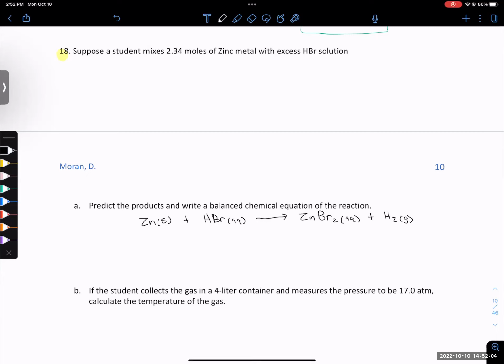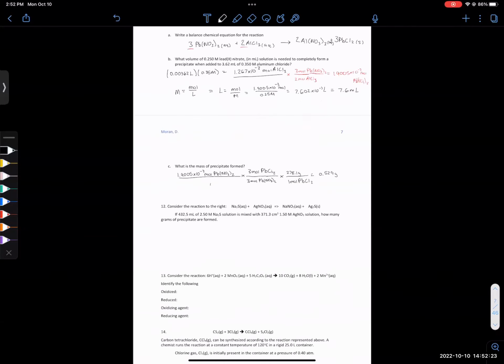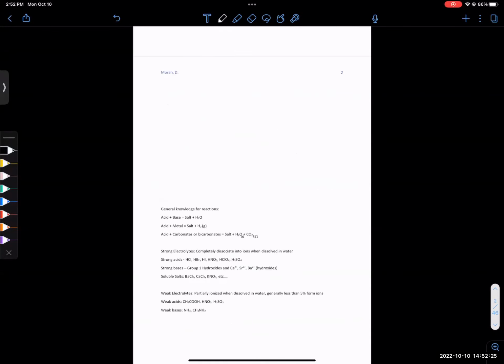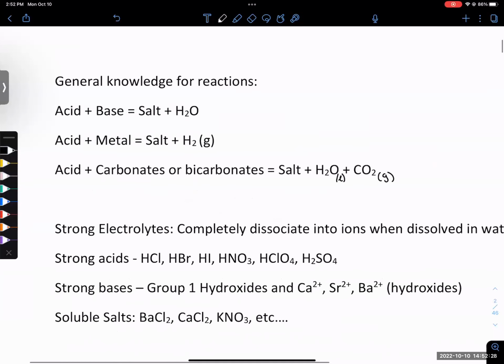That's the key thing. You need to know that when an active metal reacts with a strong acid, you're gonna form a salt and then hydrogen gas, right? That's the key thing about this. And again, that's information that's all up here for y'all. These are things that y'all should make sure you know.